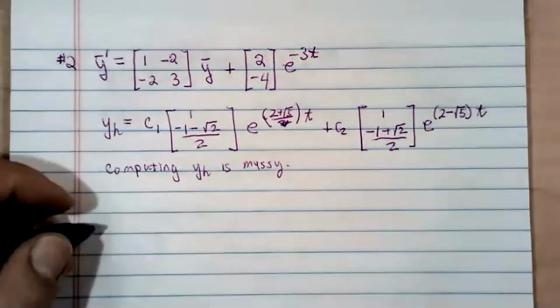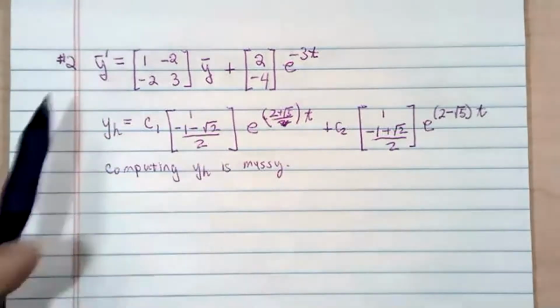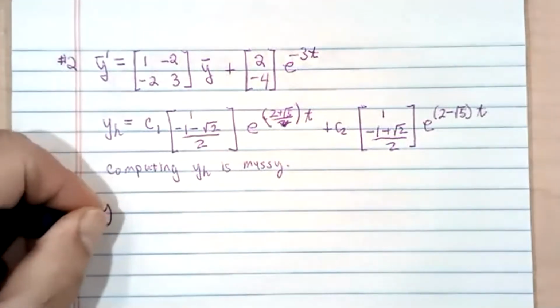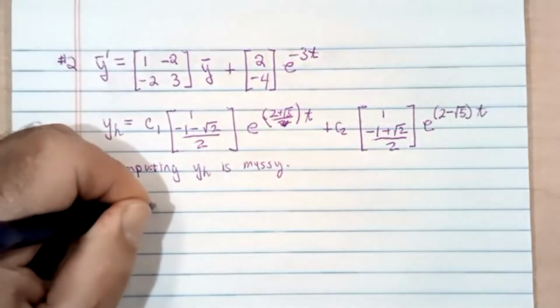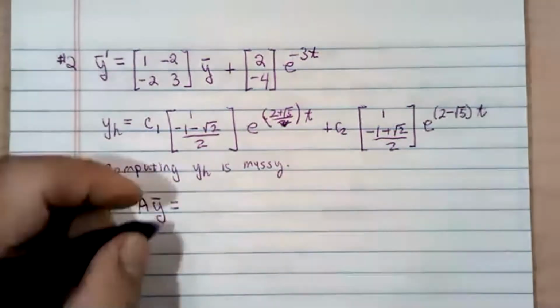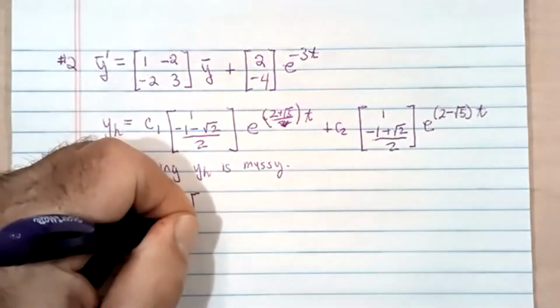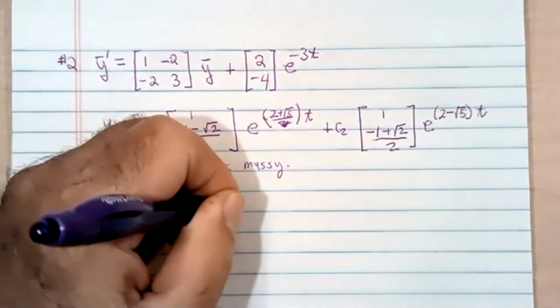But I'd like to get to the point, which is that for this one, we have this kind of form: y bar prime minus A y bar equals a right-hand side, and the right-hand side is a constant vector times an exponential.